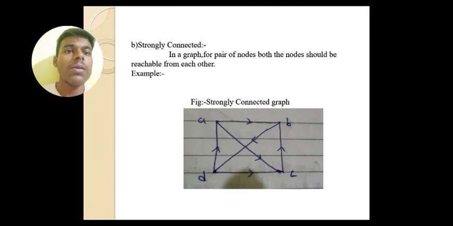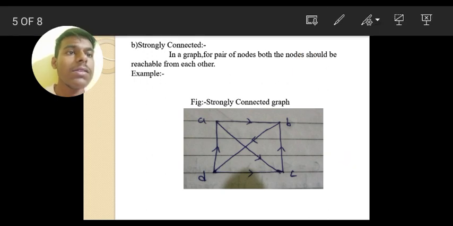The next type of connectedness is the strongly connected graph. In this graph, for any pair of nodes, both nodes should be reachable from each other. One figure is shown here.